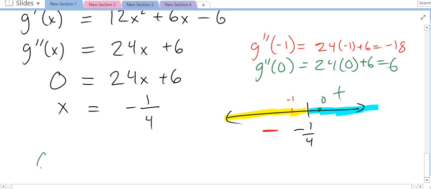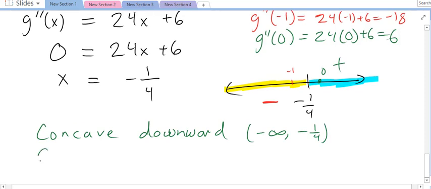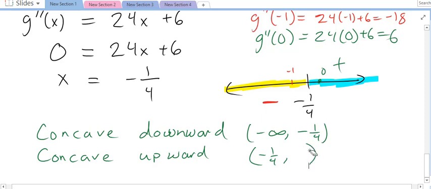So that tells me that we're going to be concave down from negative infinity to negative 1/4, and we're going to be concave up from negative 1/4 to infinity. And again, all I'm doing is looking at the sign of these second derivatives. Let's go ahead and graph this and see what this is going to look like for us.